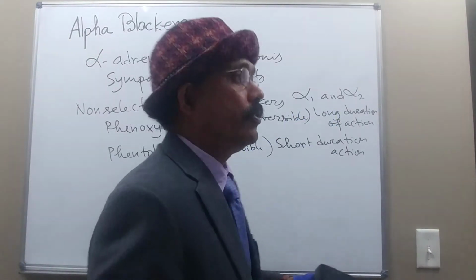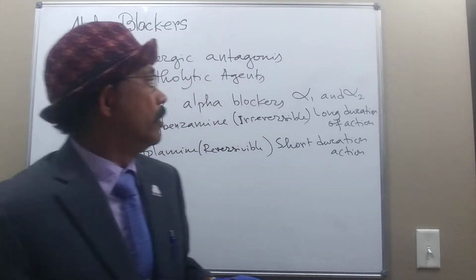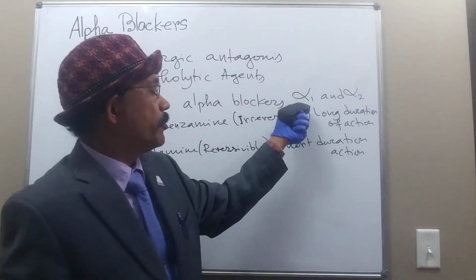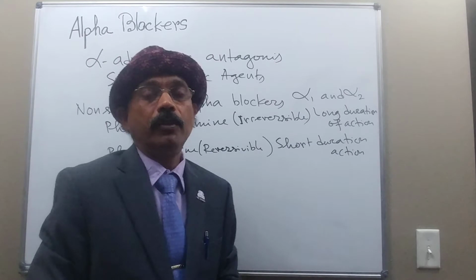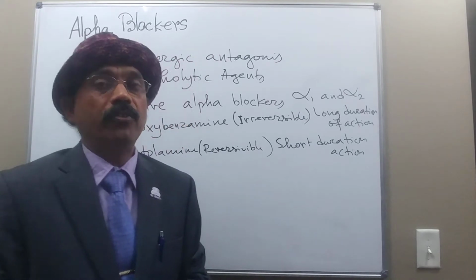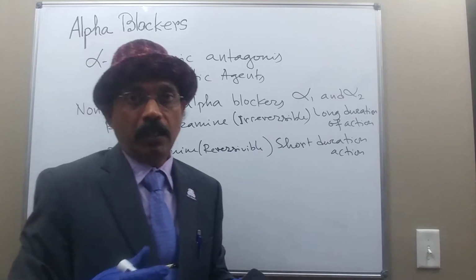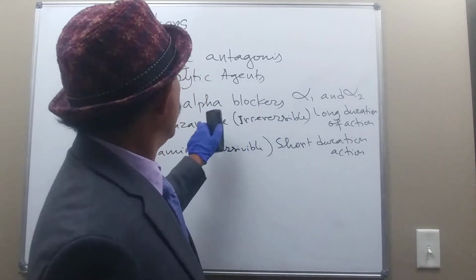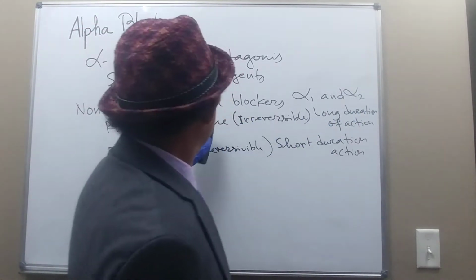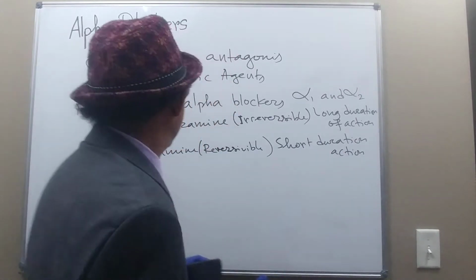These are postsynaptic sympathetic receptors. Alpha 2 receptors are presynaptic sympathetic receptors, present in the heart. So this drug works on the heart as well as on the peripheral blood vessels.